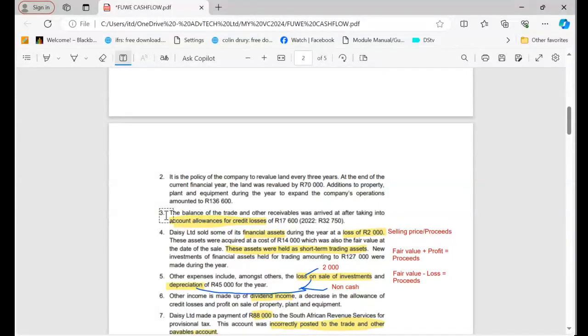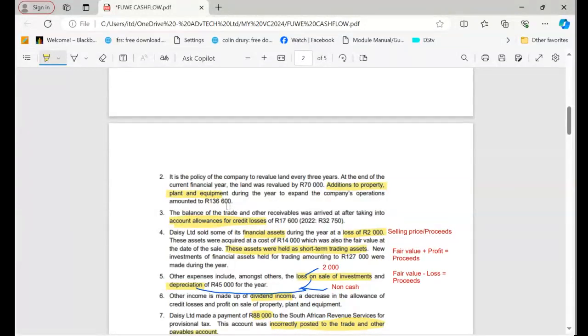What will affect me is this one, because they're saying additions to property. In other words, they bought property during the year. They acquired another new property.